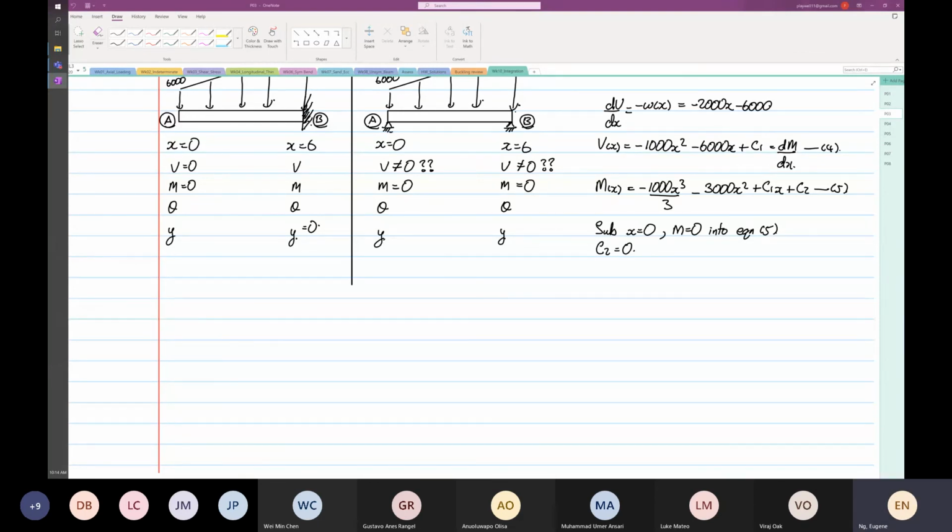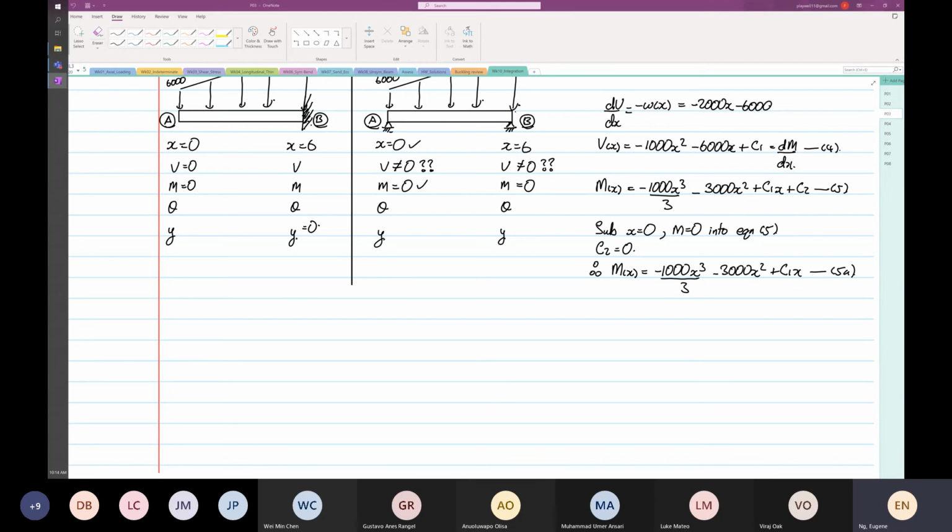Therefore, M as a function of x is equal to minus 1000x cubed over 3 minus 3000x squared plus C1x. This is your equation 5a, because we found from our first boundary condition, when x is equal to 0, M is equal to 0, that C2 is also equal to 0.